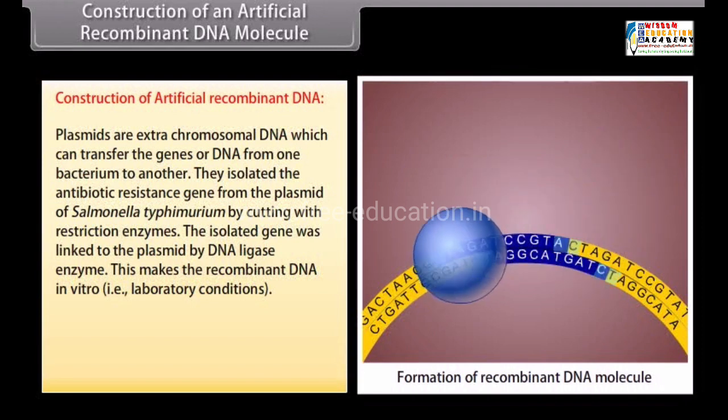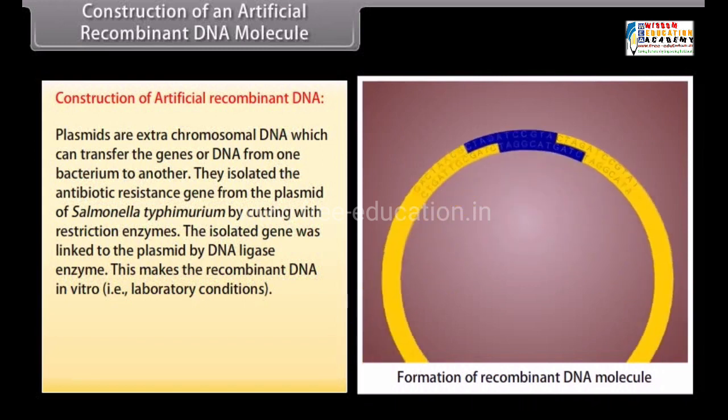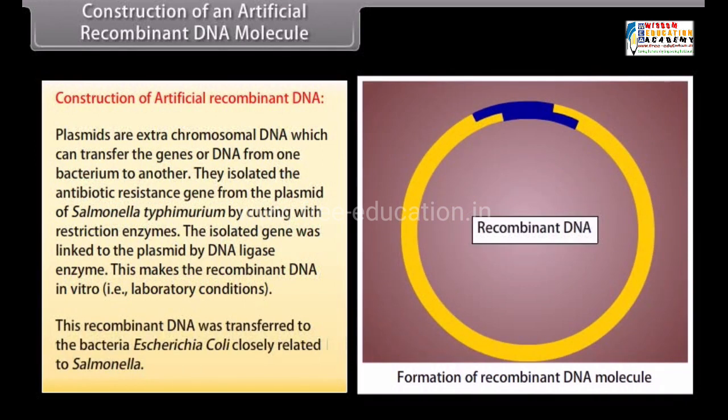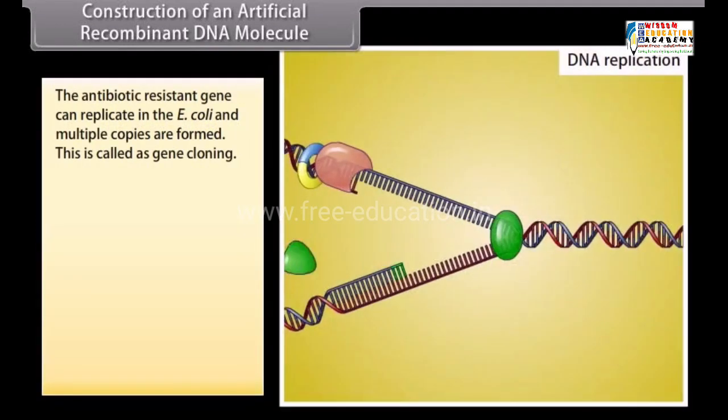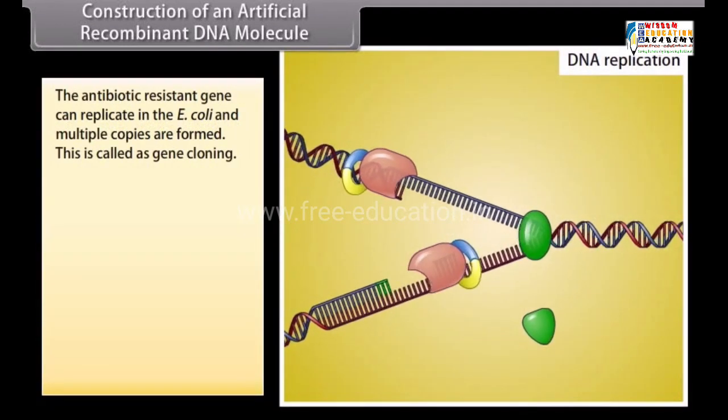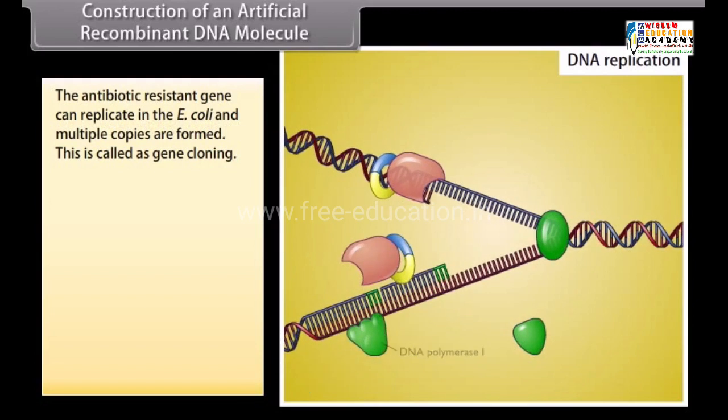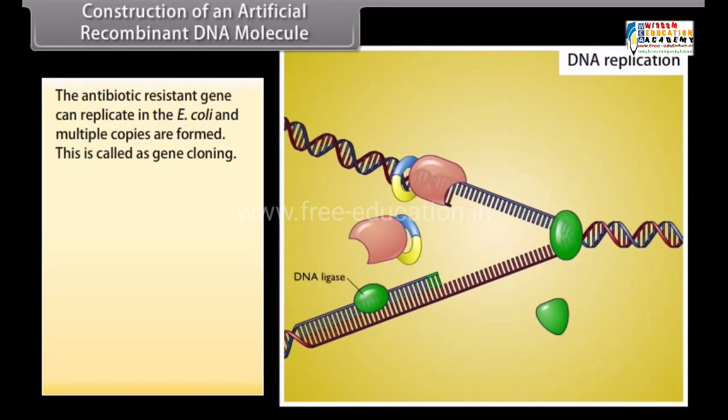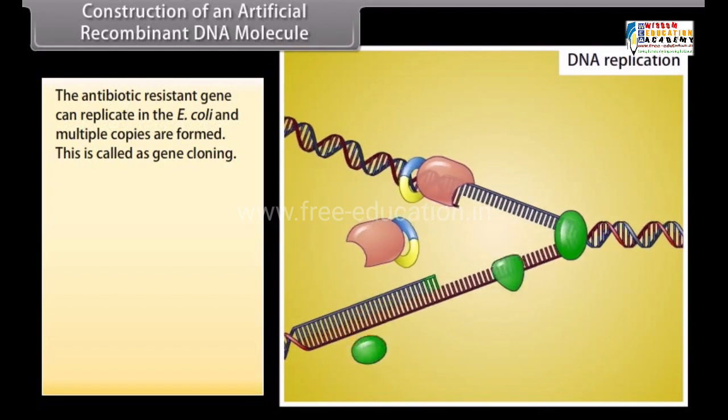This makes the recombinant DNA in vitro, that is, laboratory conditions. This recombinant DNA was transferred to the bacteria Escherichia coli, closely related to Salmonella. The antibiotic resistance gene can replicate in the E. coli and multiple copies are formed. This is called as gene cloning.